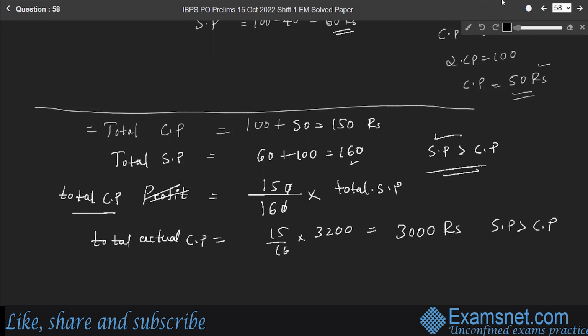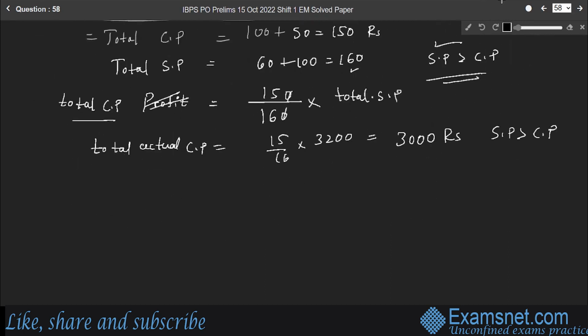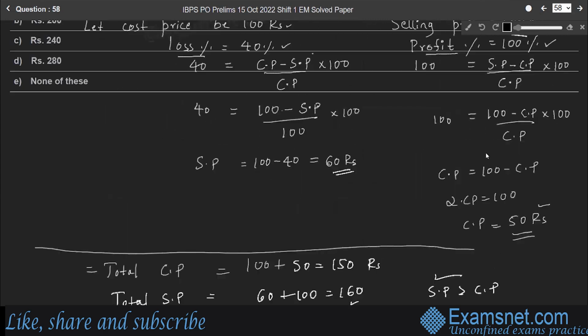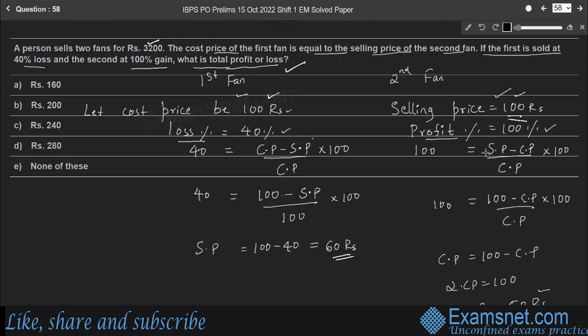There is a profit. Therefore, the total actual profit is the selling price minus the cost price, which is 3,200 minus 3,000, which is 200 rupees. Therefore, the total profit is 200 rupees, option B.